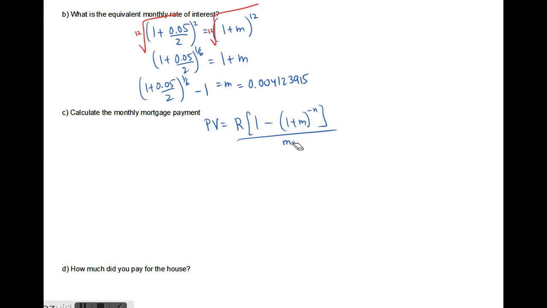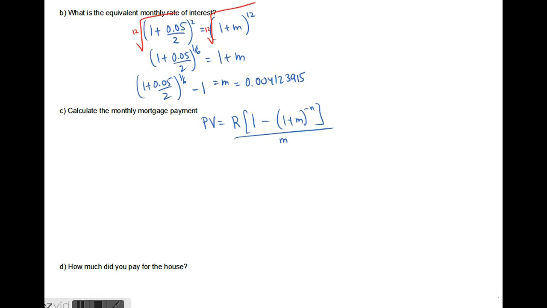We don't have to divide it by 12 at all here. Filling things in now, present value is the total amount of our loan. Our m is the number that we just finished finding.